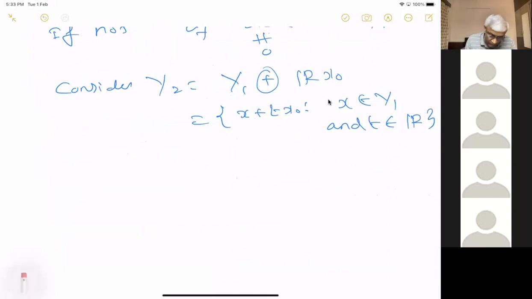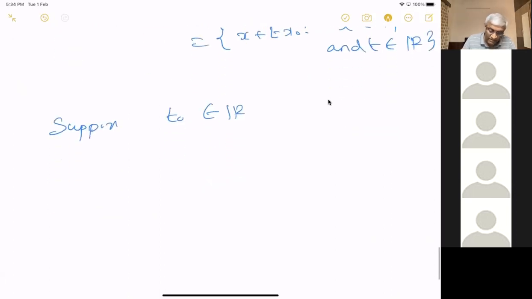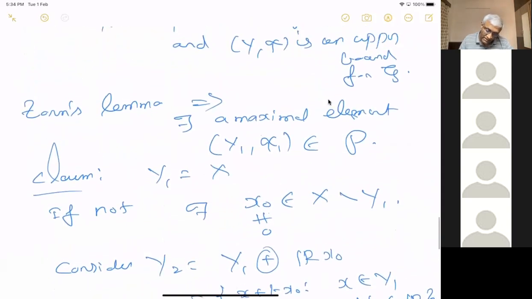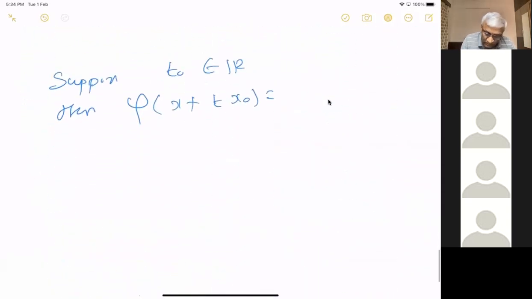Suppose t naught is some real number in R, then we define on this x plus t x naught equal to chi1 of x plus t times t naught.